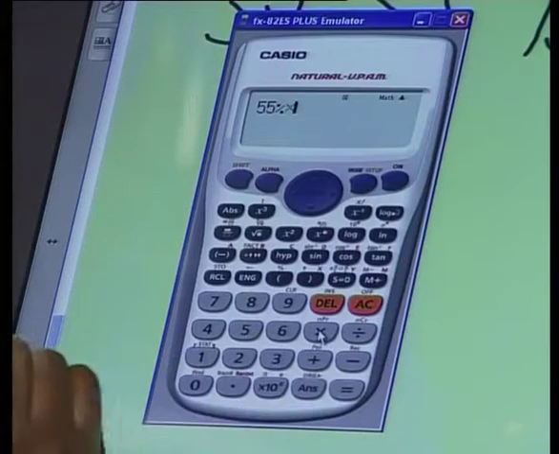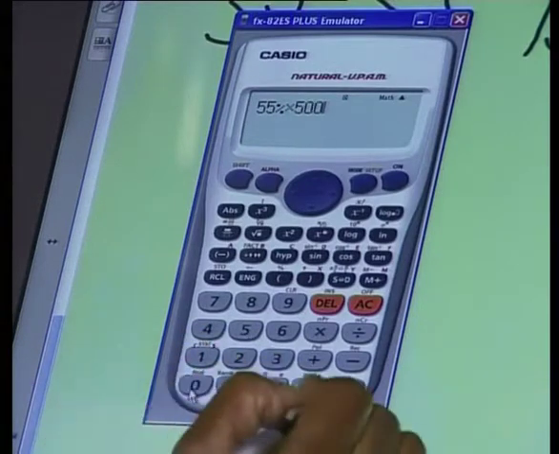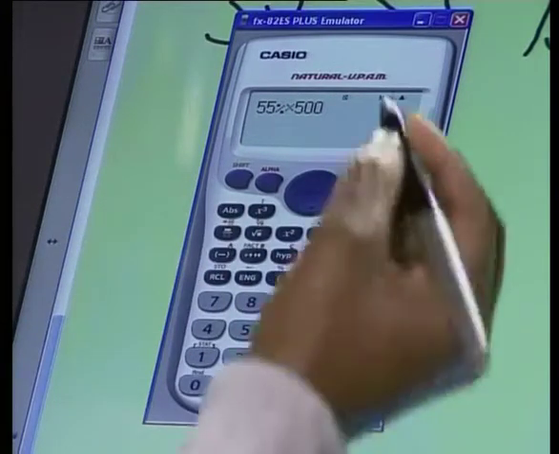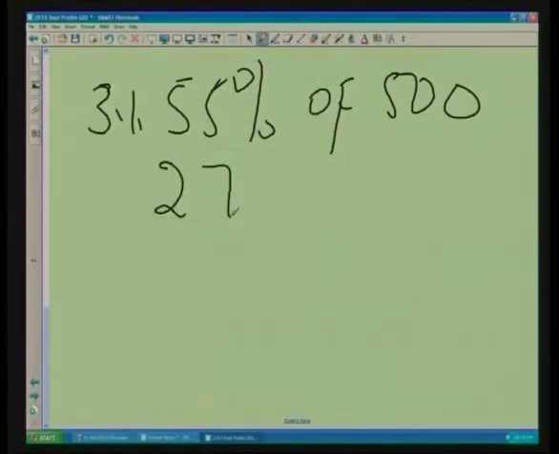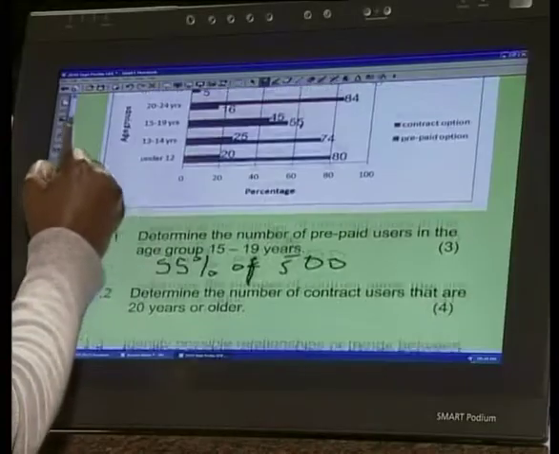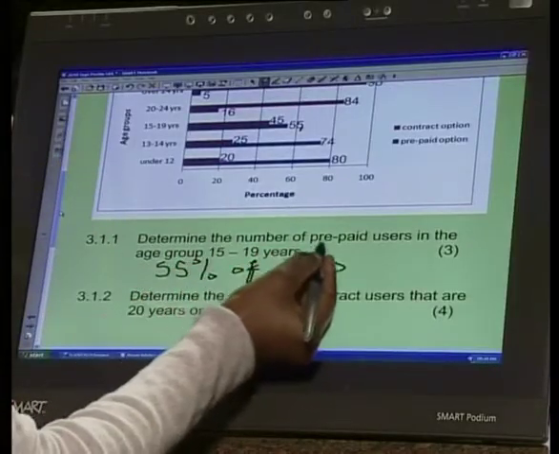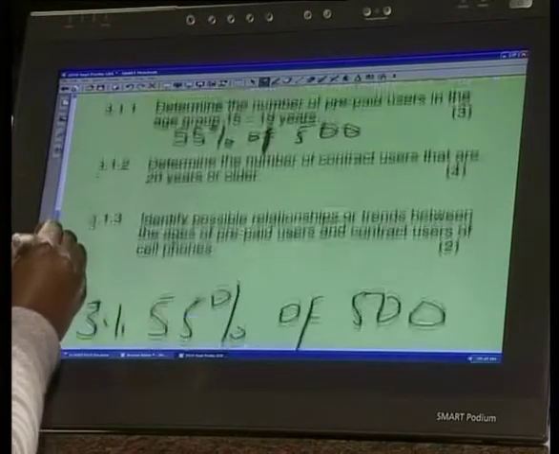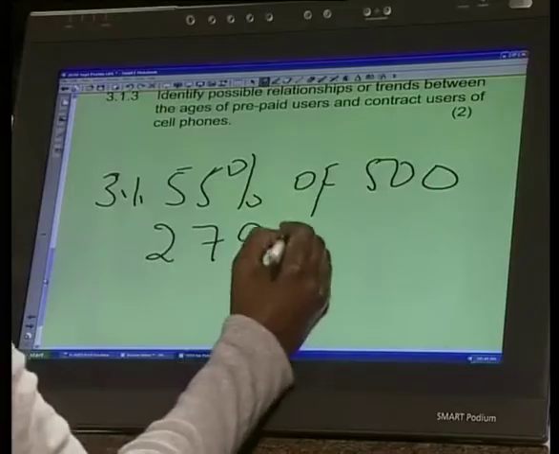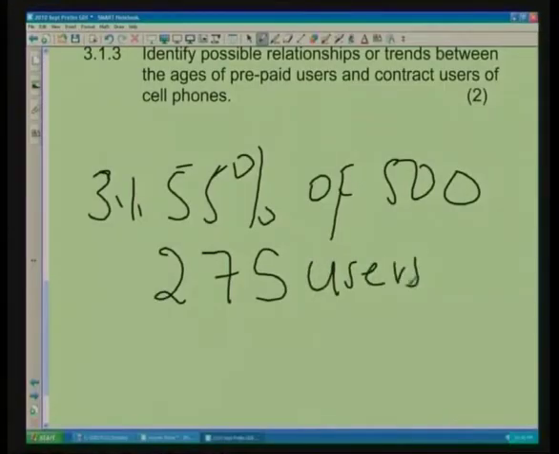And your of, it's multiply, then it's 500 equals, you get your answer, which is 275. You don't just say 275 because the question said, determine the number of prepaid users. So you must answer definitely in full and say 275 users. Because we don't know, is it dogs? We need to know exactly what you're talking about.